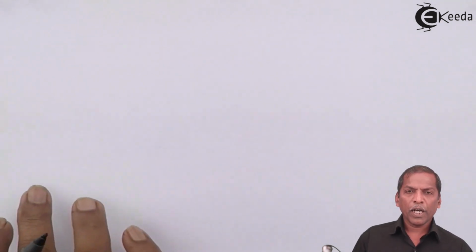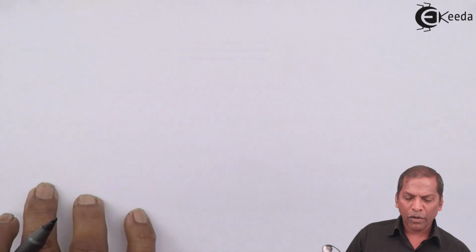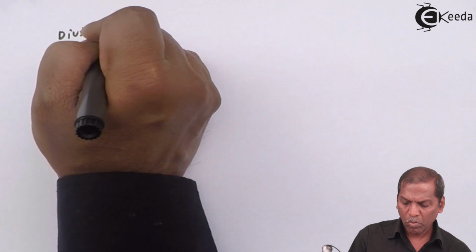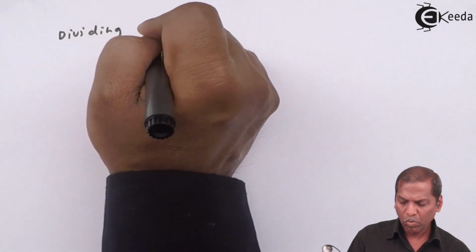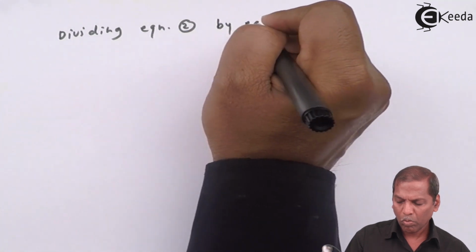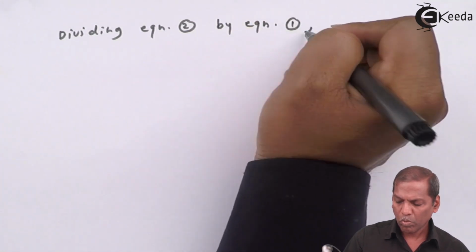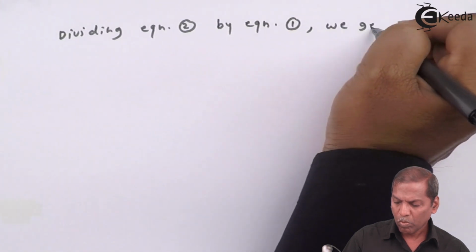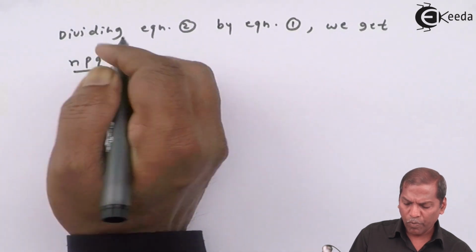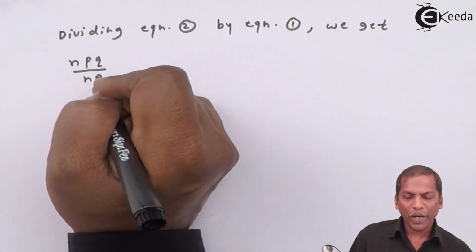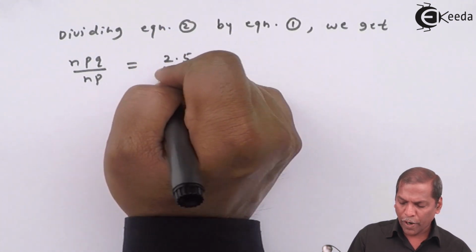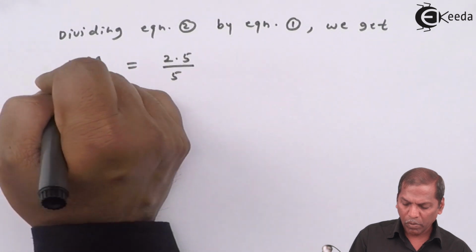Now dividing equation 2 by equation 1 we get NPQ upon NP is equal to 2.5 upon 5.